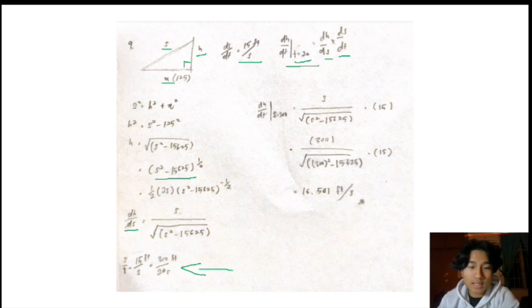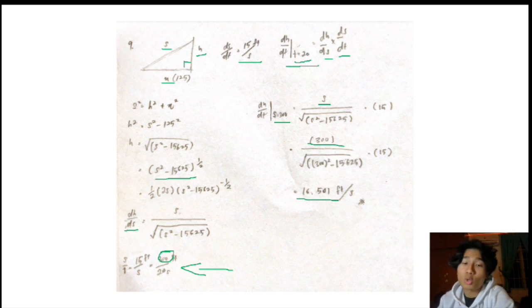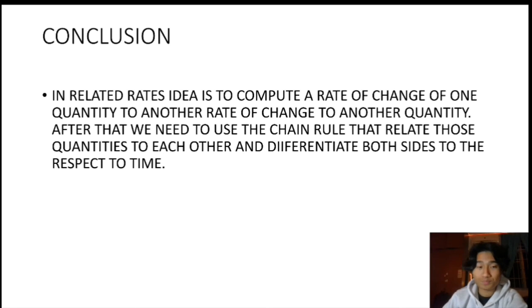In 20 seconds, times 15, we get 300 feet. So s equals 300. Substituting the value of s into the equation, we get the rate of change of h with respect to time when t equals 20 is 16.501 feet per second.